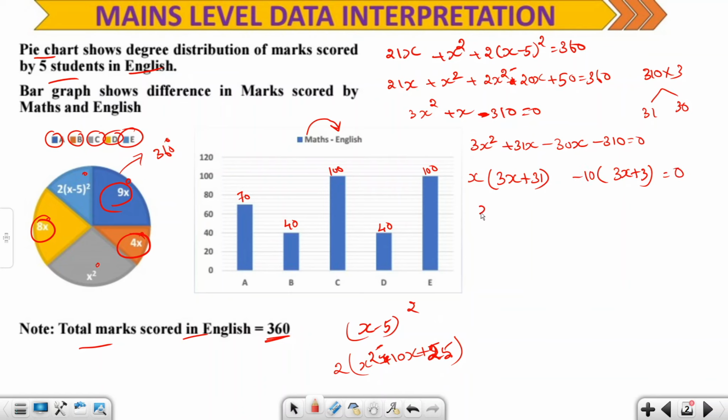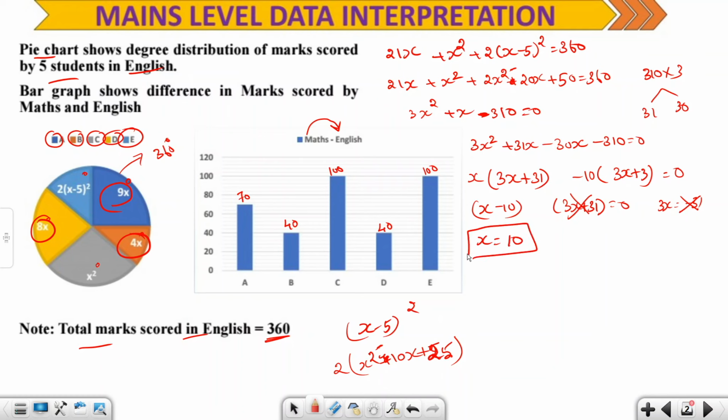So from here x minus 10 equal to 0 and 3x plus 31 equal to 0. We'll omit the second value because 3x will become minus 31, a negative value. So we get x is equal to 10.